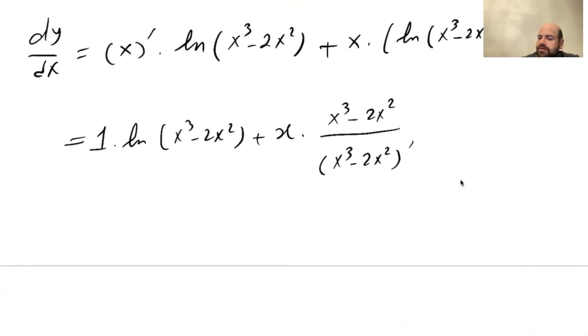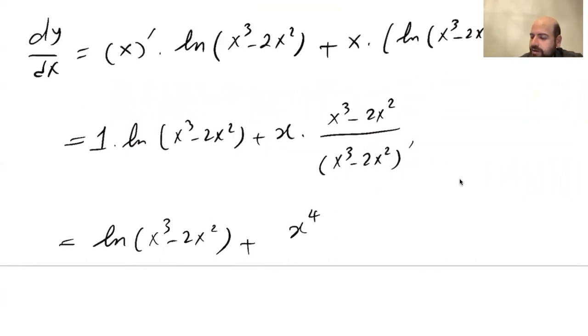And then this is going to be ln of x cubed minus 2x squared plus x times that fraction. If I multiply with the top, it will be x to the power 4 minus 2x cubed divided by the derivative of the denominator, so it's going to be 3x squared minus 4x. So this is dy/dx.